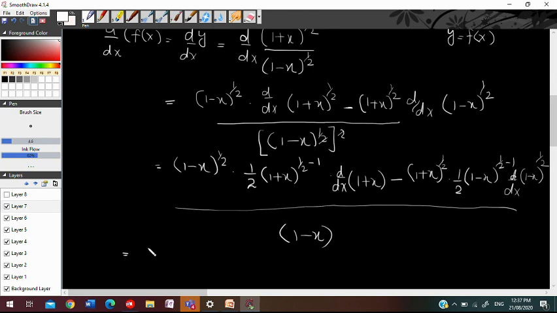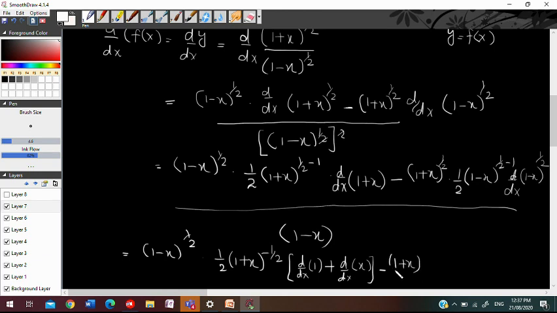Again, if we further simplify this equation, what do we get? 1 by 2, then 1 by 2, 1 plus x power minus 1 by 2, and then here we have two terms, and we apply this derivation separately. d by dx of 1 plus d by dx of this x, and minus 1 plus x power 1 by 2 into 1 by 2, 1 minus x power minus 1 by 2.